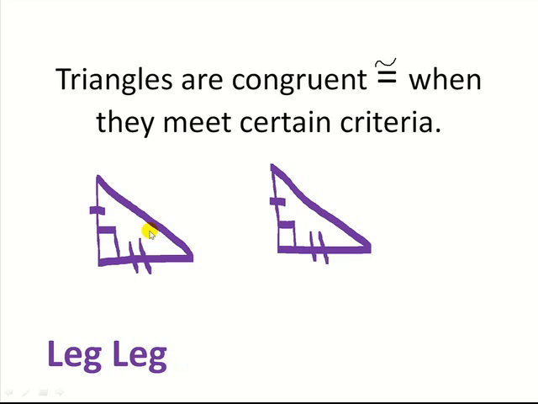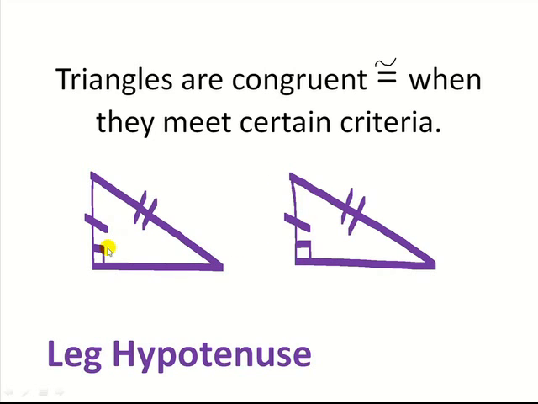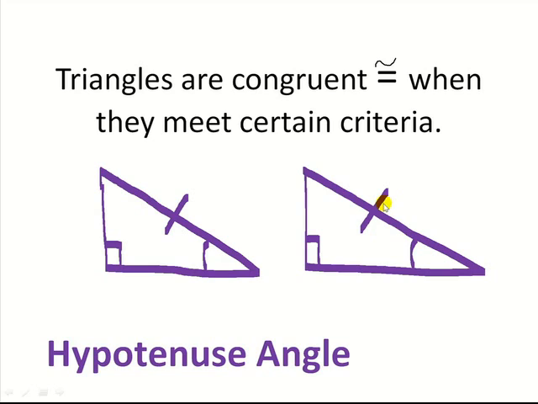When you're dealing with right triangles, there are four ways for you to prove congruency. The legs are congruent with each other, because we only need two things, because a right triangle always has a 90 degree angle. The leg and the hypotenuse, when they are congruent, the triangles are congruent.